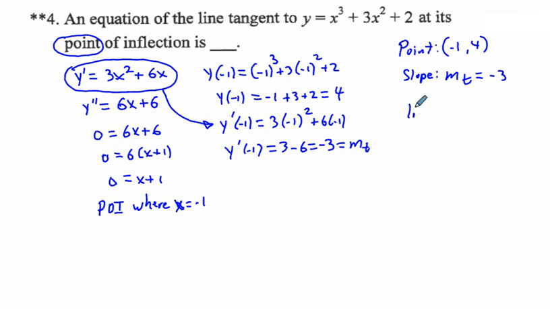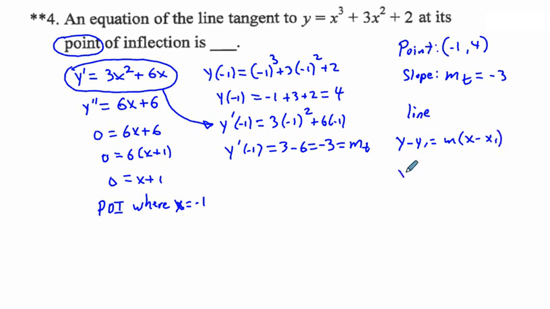So for our line, we're going to be able to use our point-slope form. We're going to have y minus y1 equals m times (x minus x1).